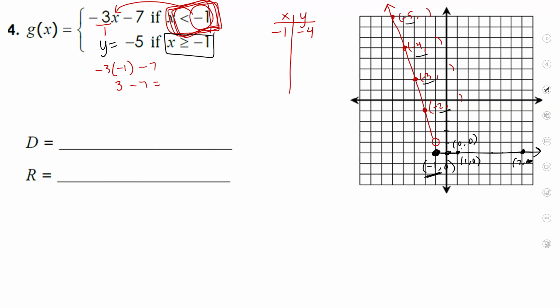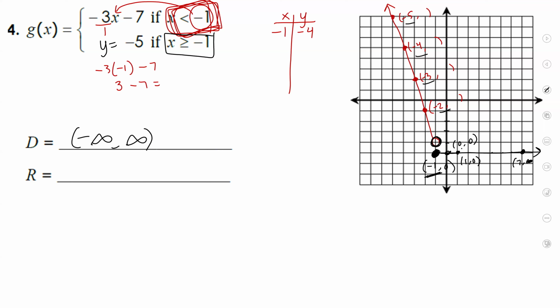What do you think the domain is going to be? It's represented everywhere. Just because you have an open circle here, it's okay because this one is closed at -1. So -1 is on the graph. It's being represented. What is the D and R? D stands for domain, R stands for range.